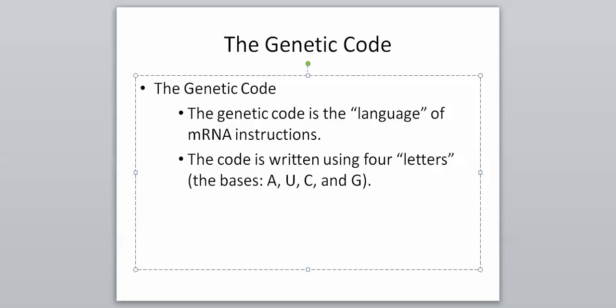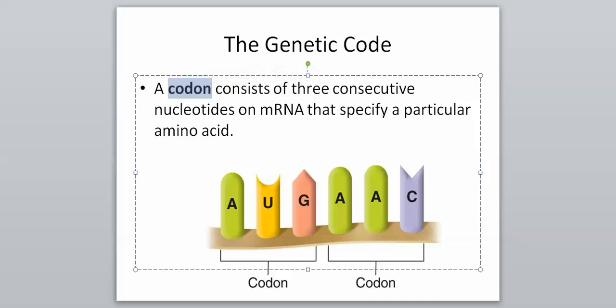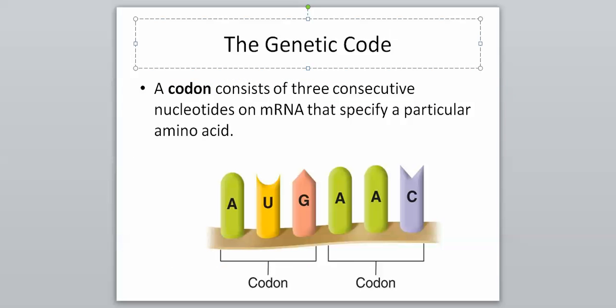Some more specifics about the genetic code: it consists of things known as codons. Remember, a codon is part of the genetic code, and it consists of 3 consecutive nucleotides on mRNA, the building blocks A, U, C, and G, that specify a particular amino acid. And amino acids are basically the building blocks of proteins.